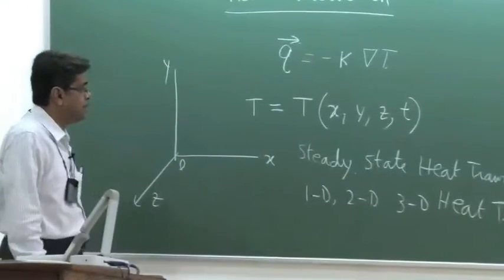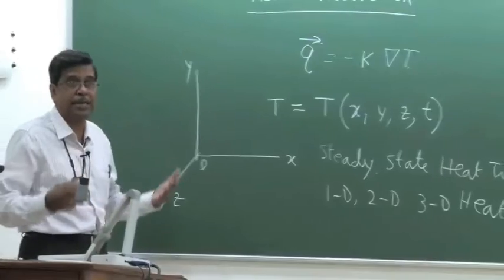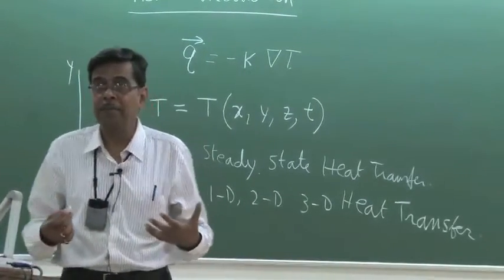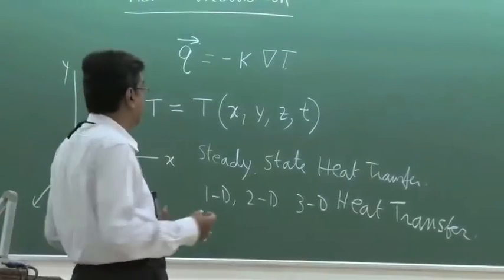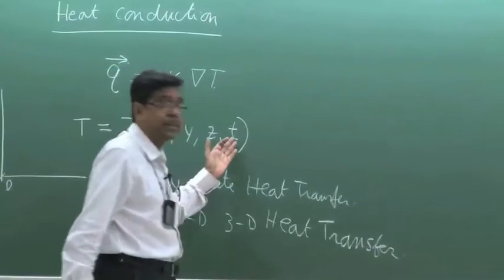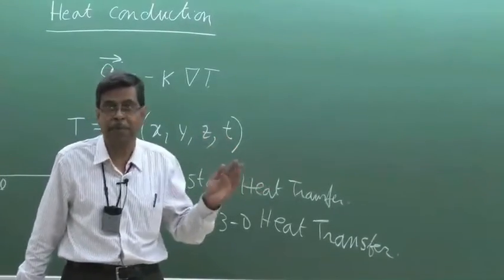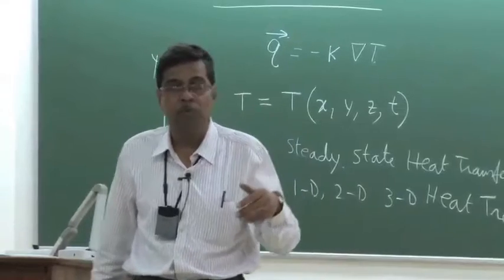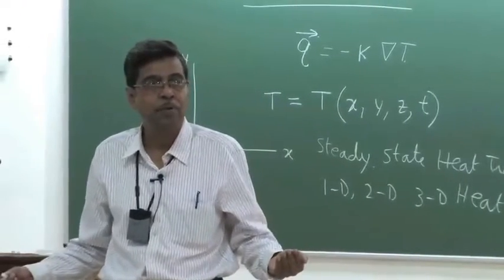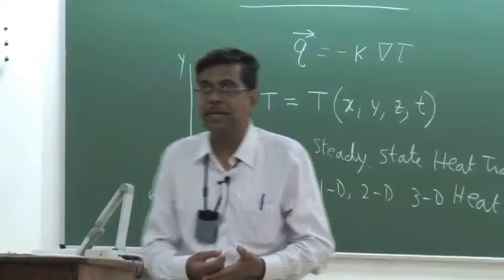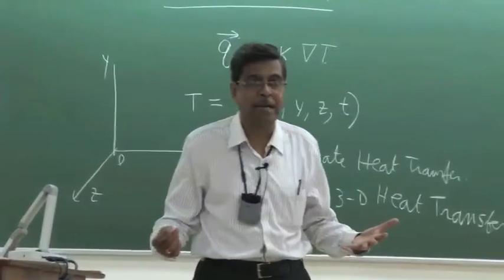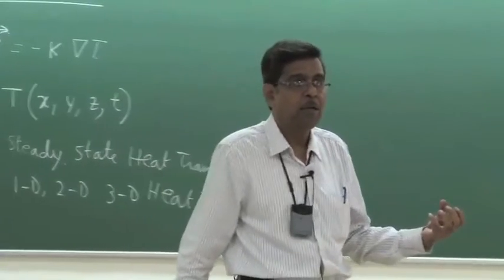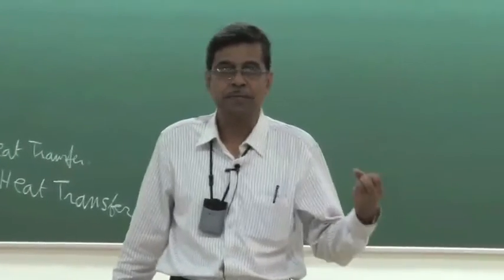Now in steady state heat transfer, as you know, the word steady is associated with invariance with time. That means something which does not change with time. For example, you know the steady flow, where the flow velocity, pressure, these quantities and the derived quantities like mass flow rate and volume flow rate are all invariant with time. So for a system at steady state, we know the properties are invariant with time, except for the control mass system, which is defined as a fixed quantity of specified mass.